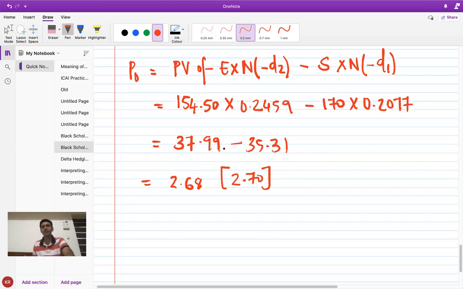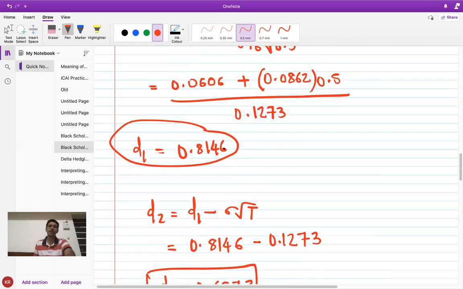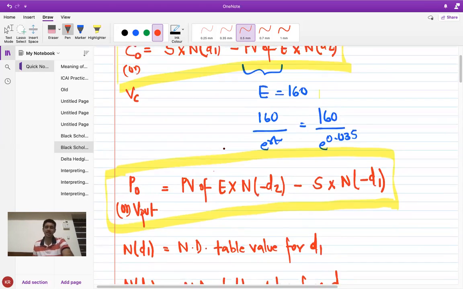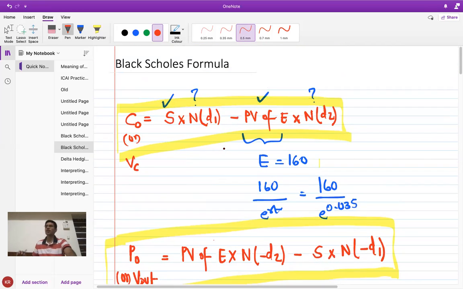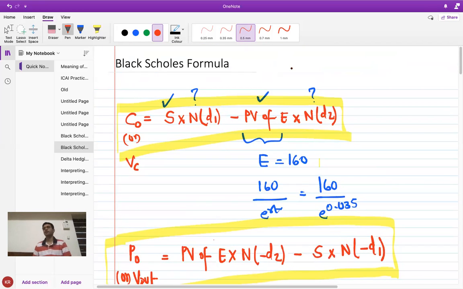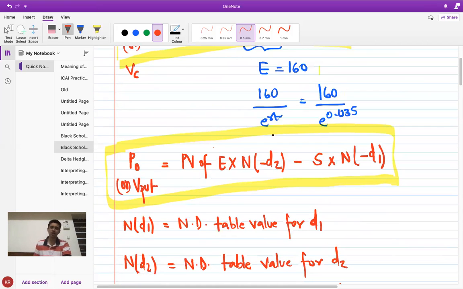So I have shown you that when you solve with pen and paper, the answer is the same as what we got from the calculator. If we quickly revise, formula number 1 that you need to remember: value of a call option is spot price into N(d1) minus present value of exercise price into N(d2). Present value needs to be calculated using continuous compounding, or continuous discounting.